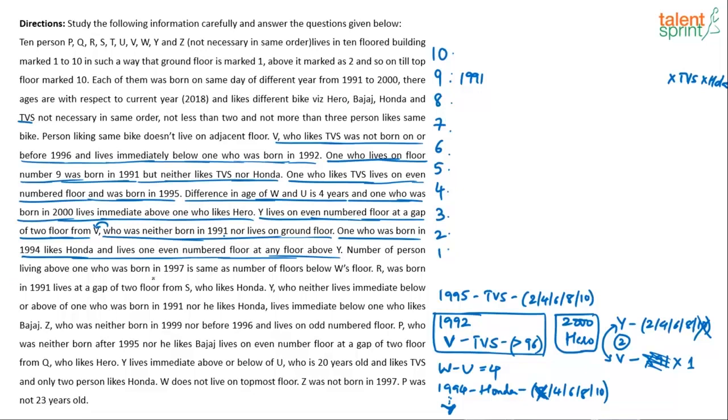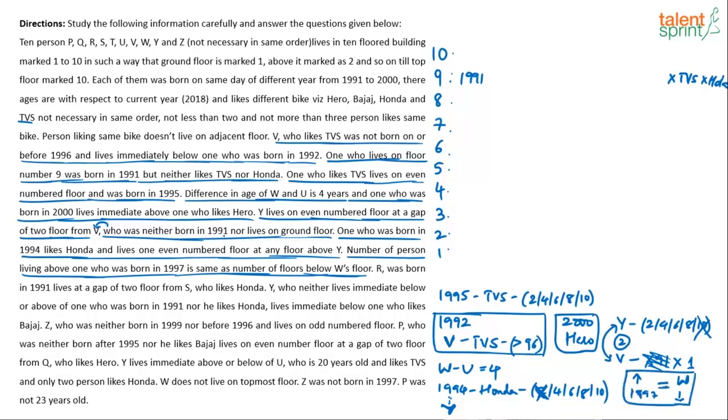Number of persons living above the one who was born in 97 is same as the number of floors below W's floor. This also is useful information. So whatever is the count above 97 is equal to the count below W. This is one very, very important piece.